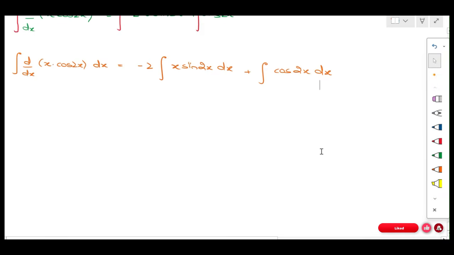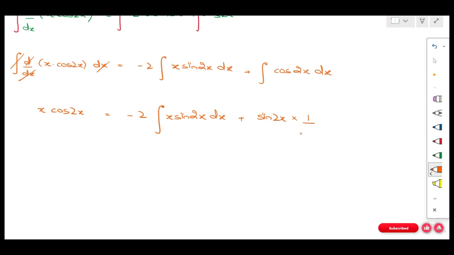Now you can see the derivative is cancelled out with the integral, and you are left with x cos 2x, that is minus 2. This integration we need to solve, so keep it as it is, x sine 2x dx, plus the integration of cos 2x, which is sine 2x multiplied by 1 over the derivative of 2x, which is 2, plus the constant of integration.